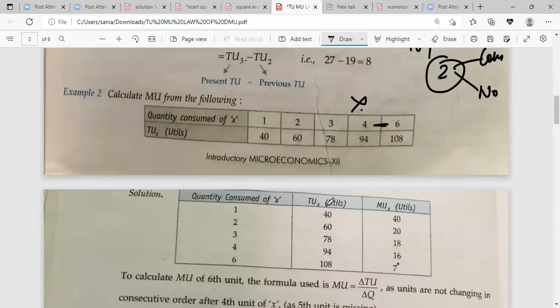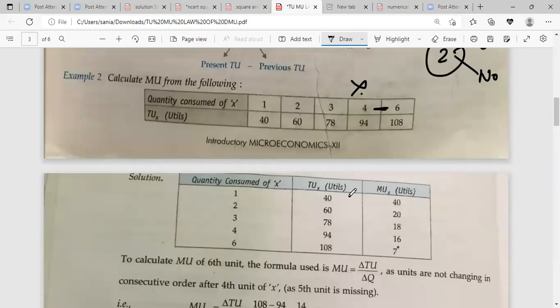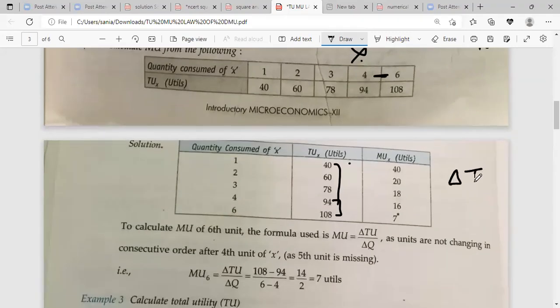So which formula are you going to use over here? It was okay for these; you can find it like this only, 60 minus 40, you'll get 20. But for these two numbers, you have to use that formula. What was the formula? Remember? Delta TU divided by delta Q. Delta means change.